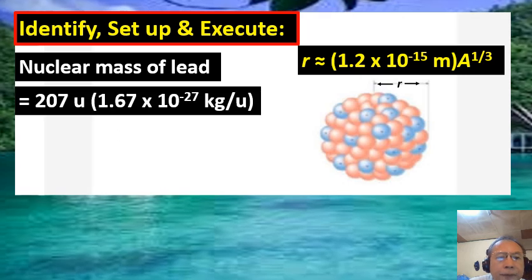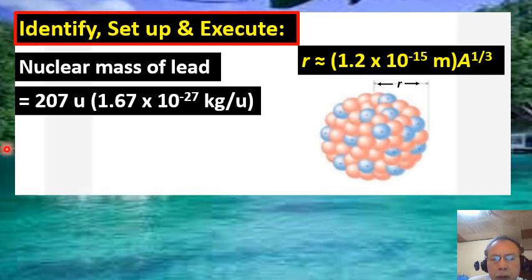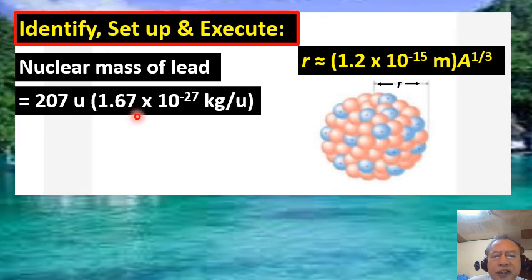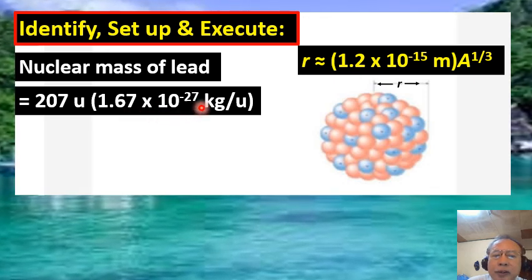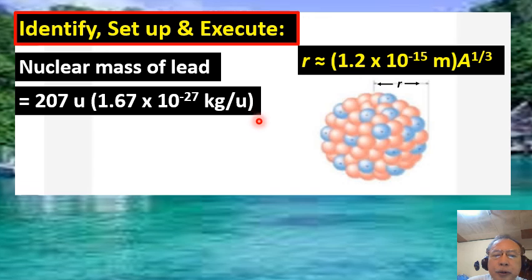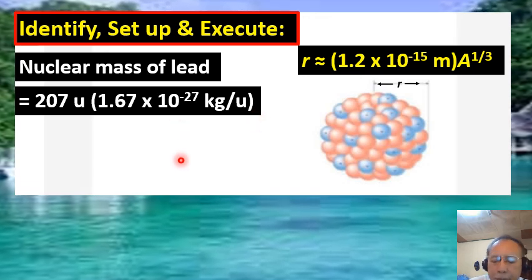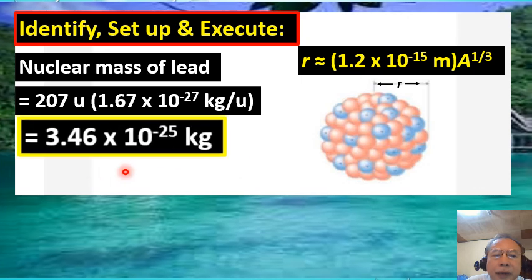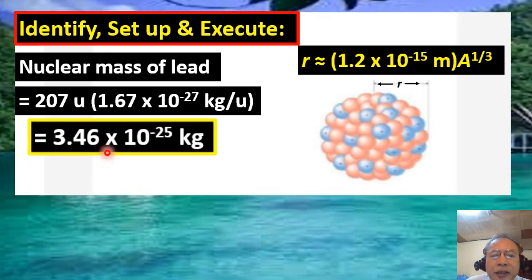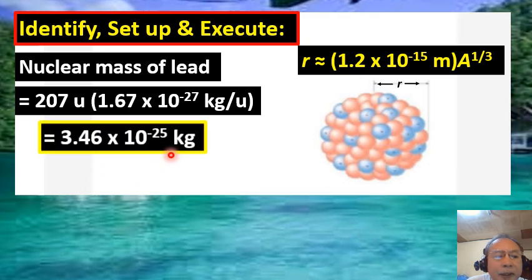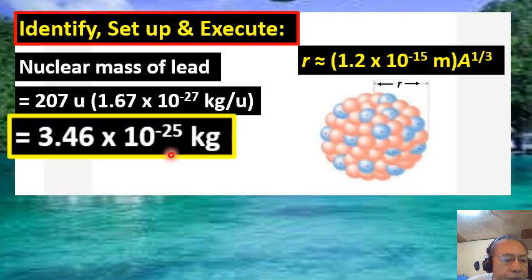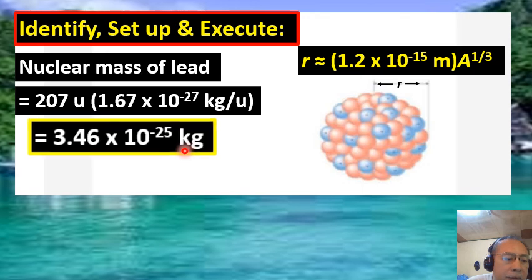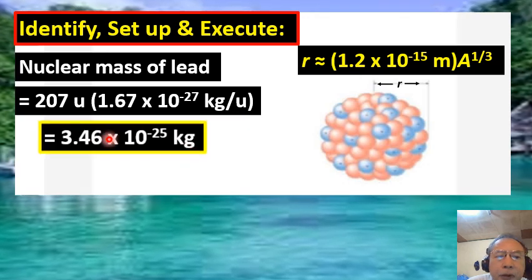For lead, we have the nuclear mass equals 207 atomic mass unit multiplied by 1.67 times 10 to the negative 27 kilogram per atomic mass unit. So when simplified, we get the nuclear mass of lead equal to 3.46 times 10 to the negative 25 kilogram.